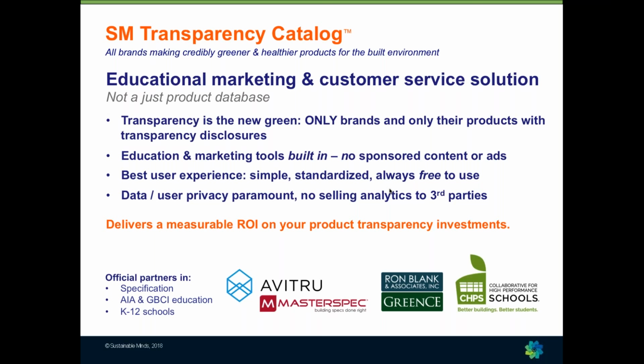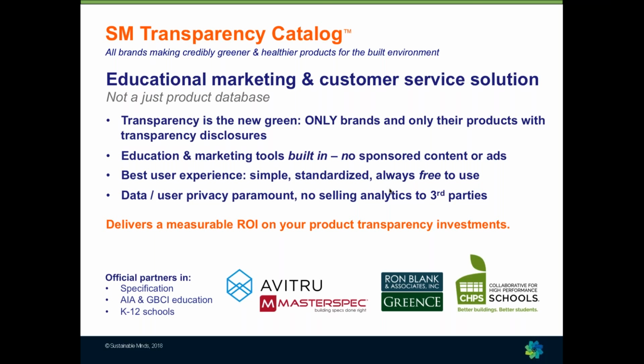One big meta filter already applied to the catalog is that it's only the brands and only their products that have transparency information, either environmental product declarations or one or more kinds of material ingredient disclosures.